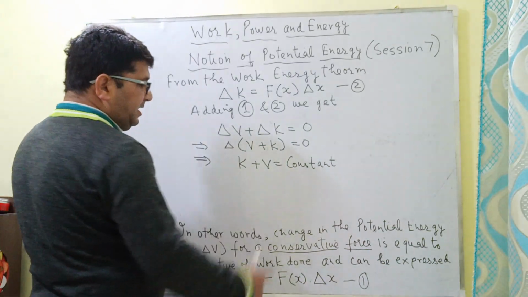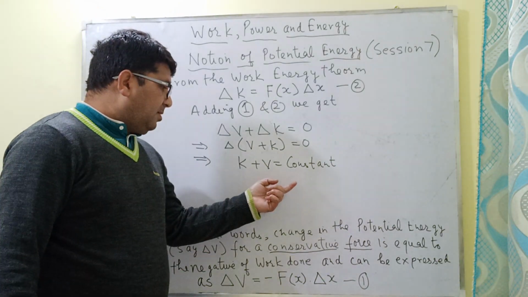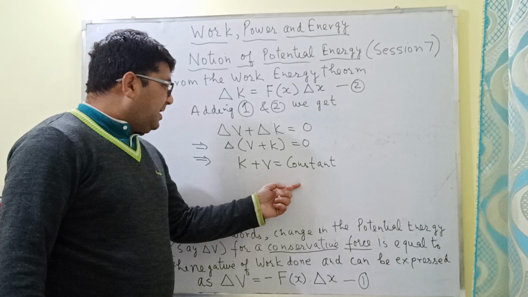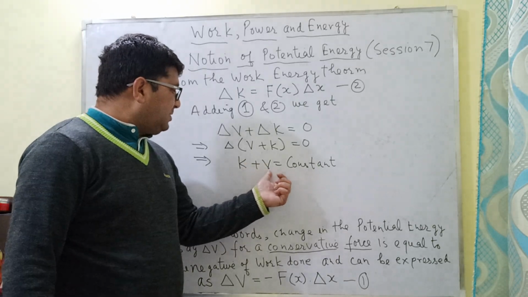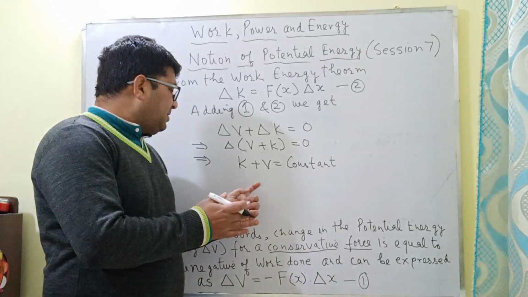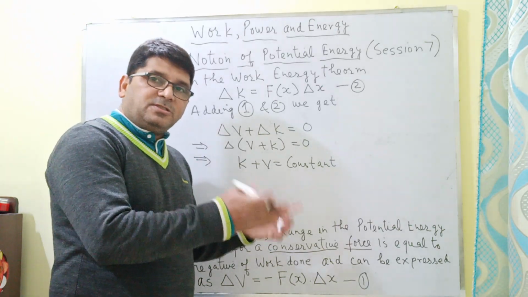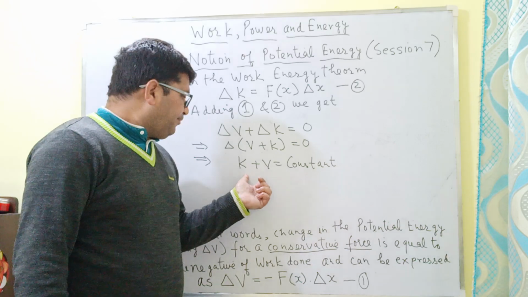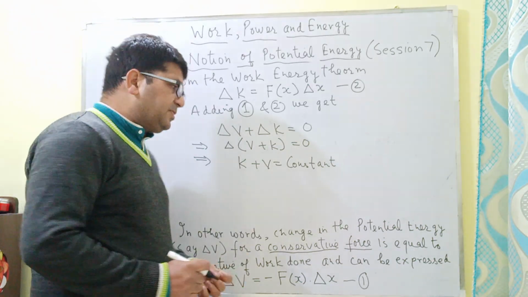So the sum of the kinetic energy and the potential energy in the initial position is equal to the sum of the kinetic energy and the potential energy in the final position of the body.